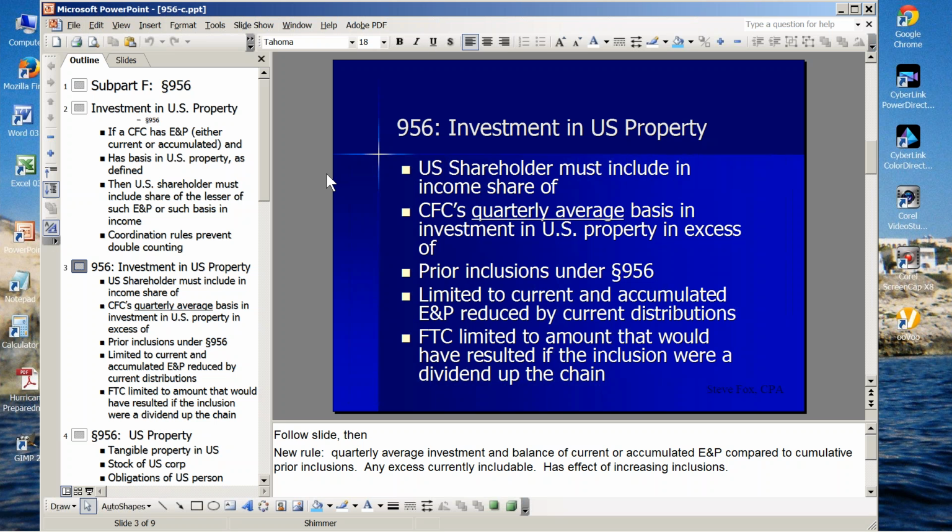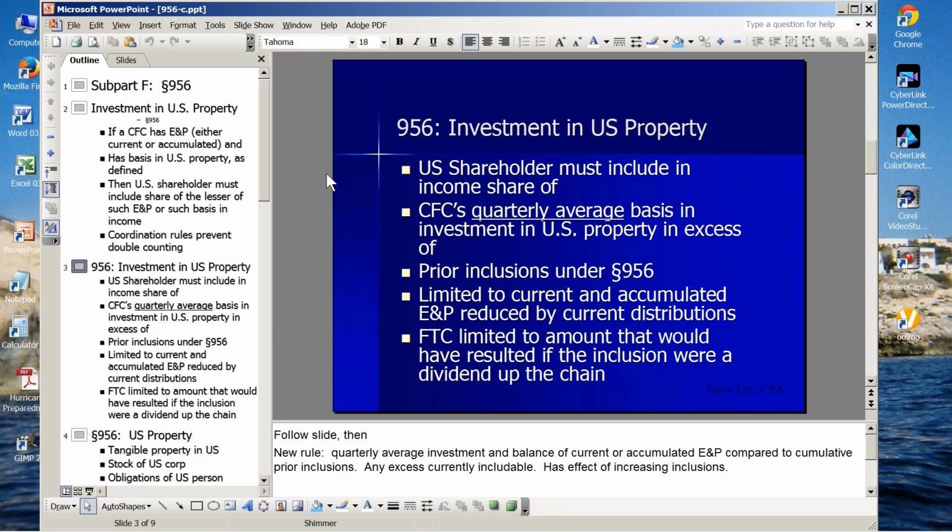956 says we treat as income the lesser of the earnings or the investment in U.S. property. The amount of the investment is the CFC's basis in any U.S. property, computed on a quarterly basis.